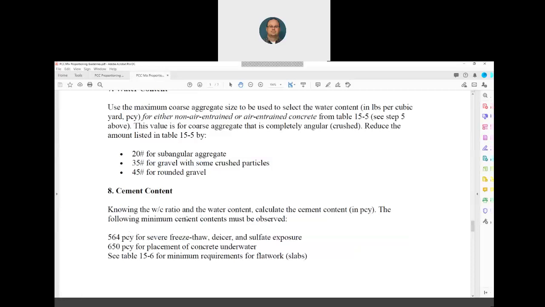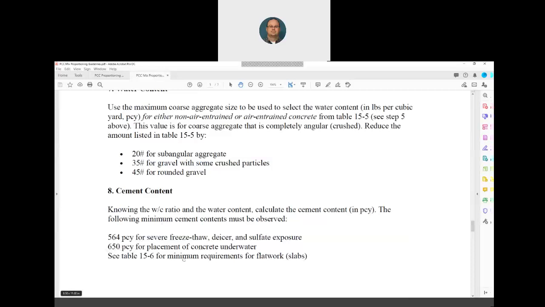So you want to make sure that I have a minimum of 564 pounds per cubic yard of cement for a severe freeze-thaw, de-icer, or sulfate exposure. If I don't have that, based on my other design criteria, I'm going to bump it up to that. If I'm going to place concrete underwater, I want to make sure I have at least 650 pounds per cubic yard.